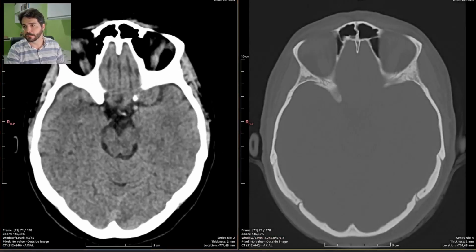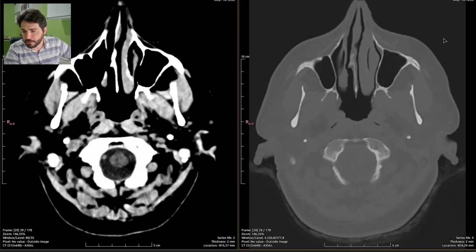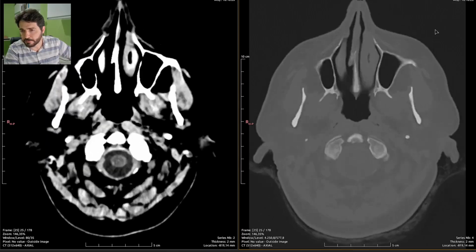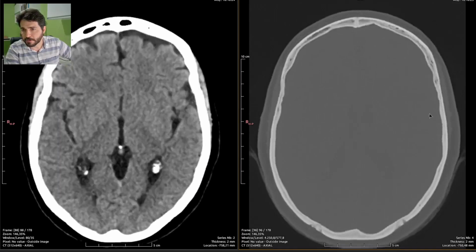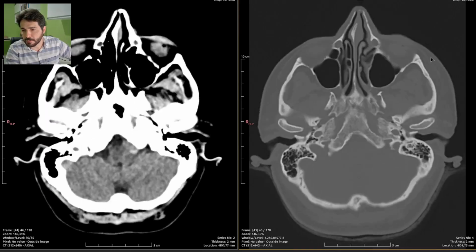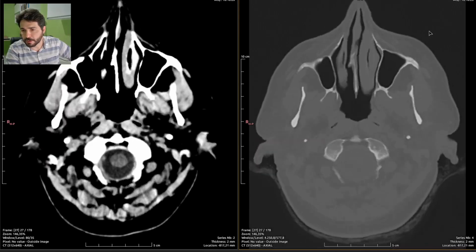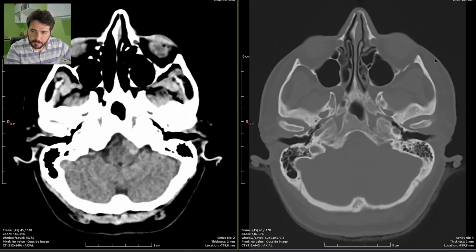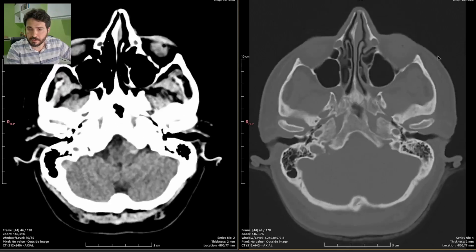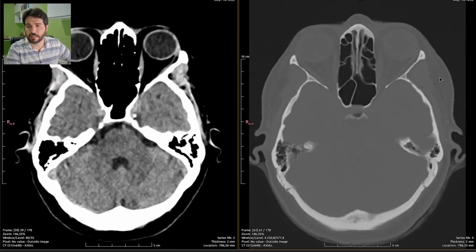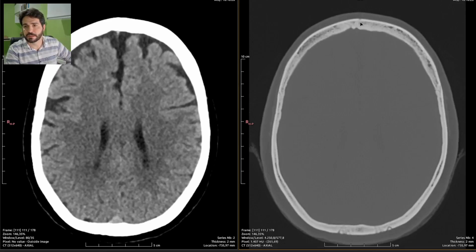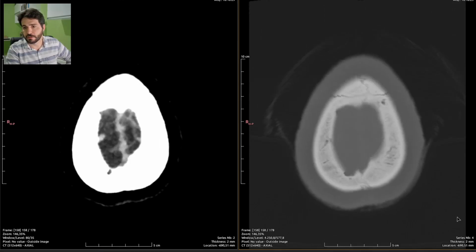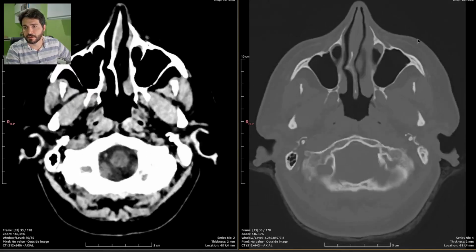So let's look at the bone window. Mastoids are okay, temporal bones are fine, paranasal sinuses, skull base are okay, no osteolytic lesions. Yep, sphenoid sinus are alright. There is a persistent metopic suture, which is a normal variation.